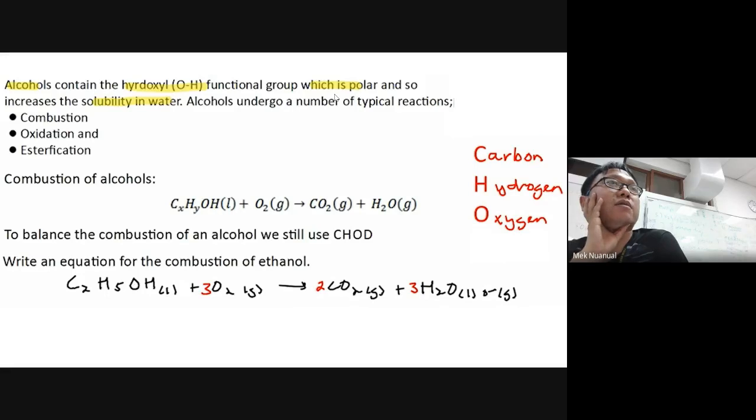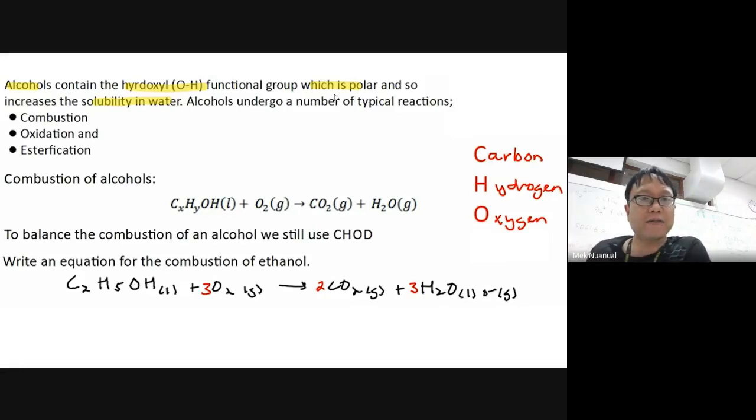The class name is what? Alcohols, right? But the functional group is hydroxyl. I think I can't spell that right, but anyway.